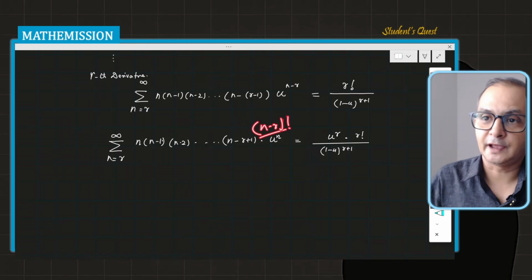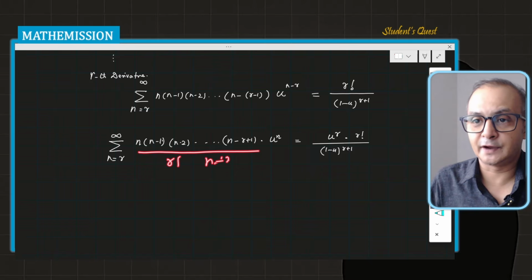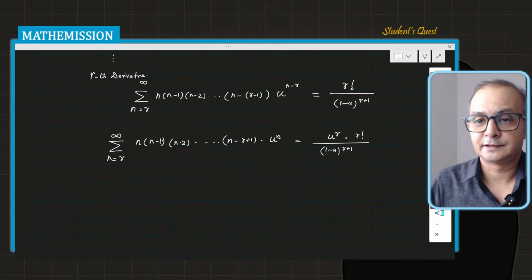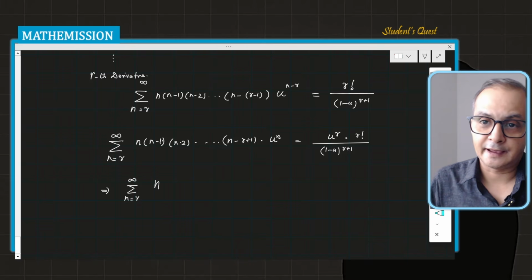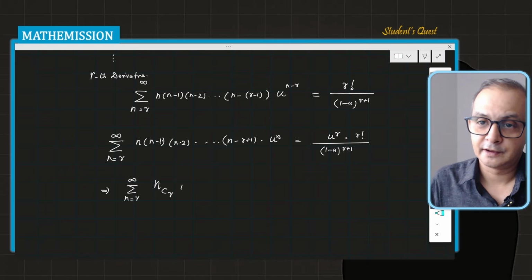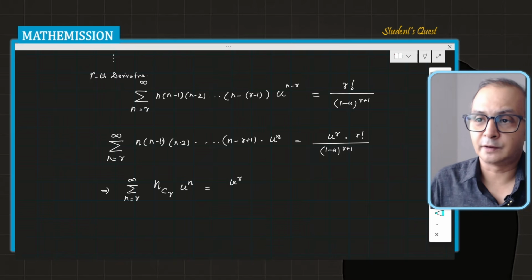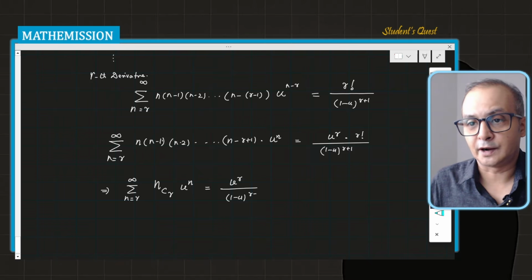You notice n minus r factorial, and here I have r factorial, so I can multiply and divide by n minus r factorial, and so I can directly write that. I can write summation n goes from r to infinity, n c r u to the power n, and this is going to be u to the power r, because r is already gone, over 1 minus u to the power r plus 1.